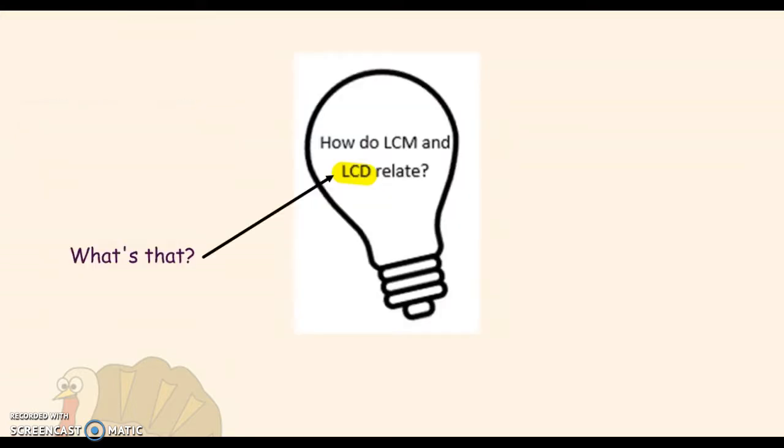So what I want you to do is flip your worksheet over to the back and take a look at what's on that. The question is, how do the LCM and LCD relate to each other? And if you can recall from previous years, LCD is the least common denominator.